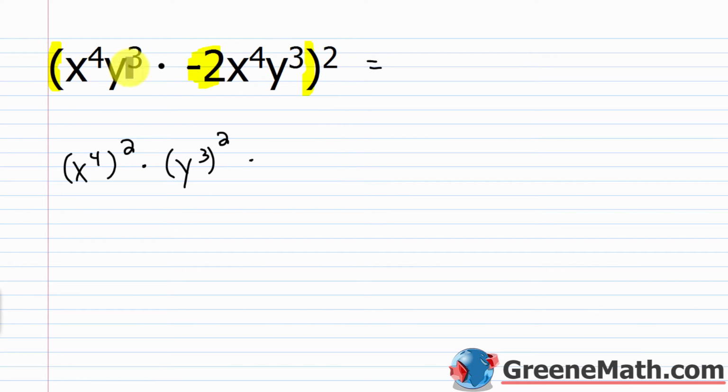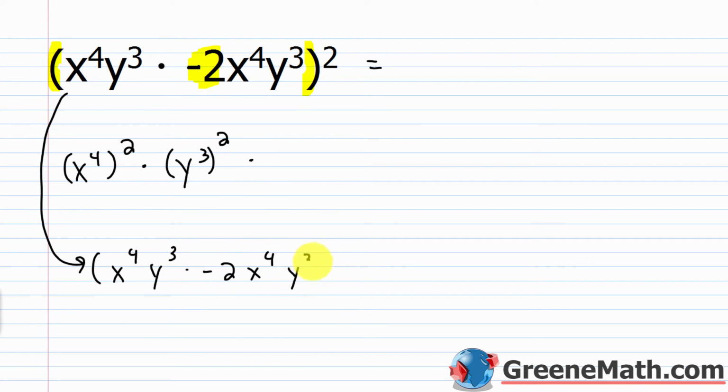And I'm squaring that, which means that if I pause for a second, if I come down here and I had x to the 4th power, y cubed times negative 2 times x to the 4th power, y cubed, this is squared. So really all I'm doing is taking this and multiplying it by itself.